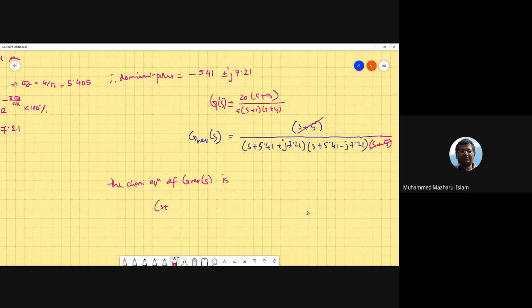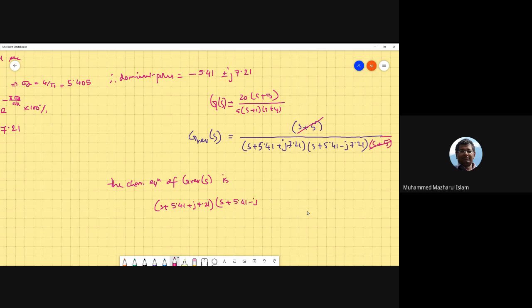We don't need to do sI minus A for this because we already have the transfer function. So I can simply take out the denominator, and that will be my characteristic equation.